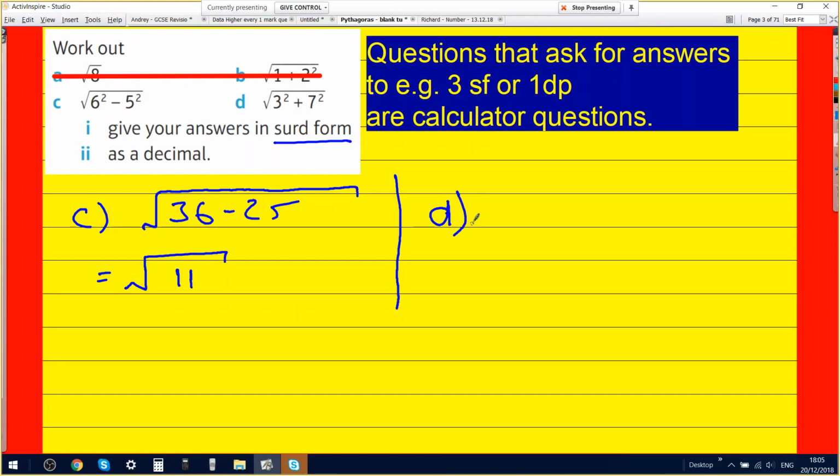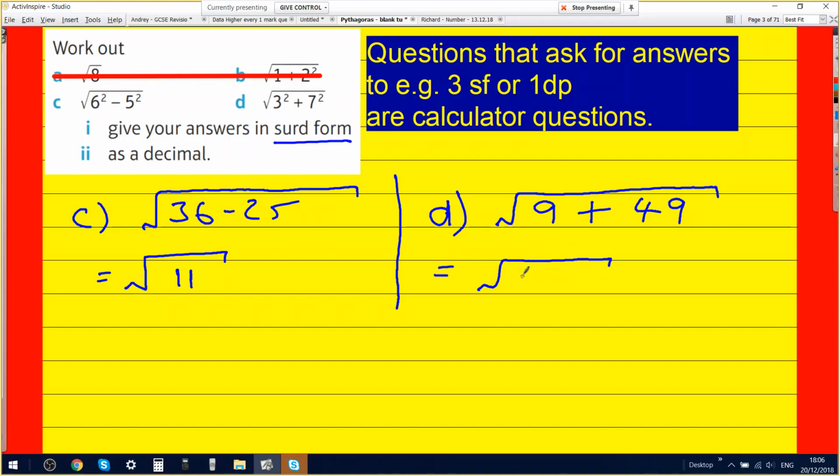3 squared is 9. 7 squared is 49. So 9 and 49 is 58.